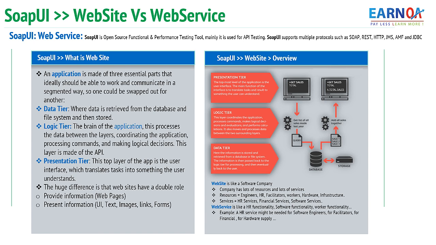So this is the best example to understand. A website is like a software company, which has got so many segmentations, resources, services. Whereas a web service is like a methodology, a functionality. Example, the HR functionality. The human resource functionality can be needed in the software, in the facilitation, in the hardware, in the infrastructure.